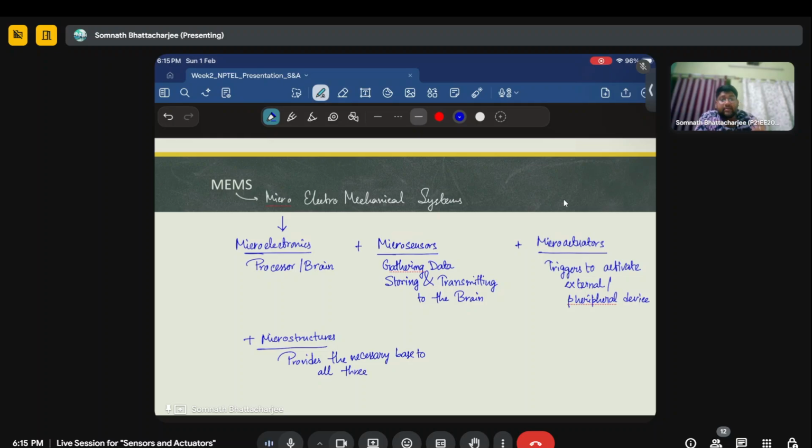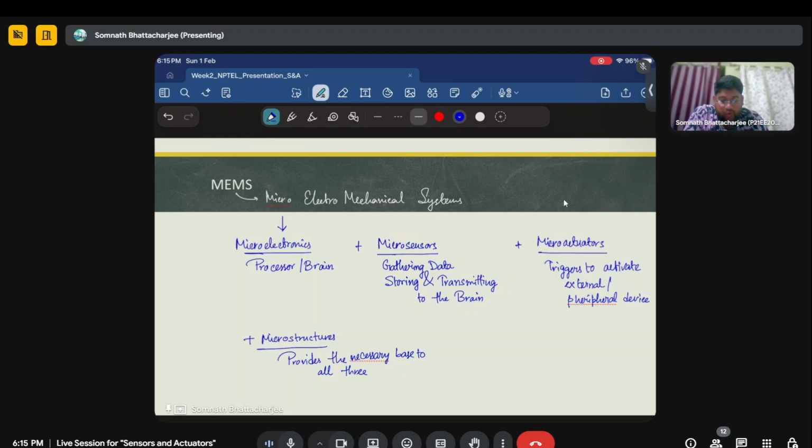It is the most foundational part of this MEMS system, and based on these microstructures, it provides the necessary functionality to microelectronics, microsensors, and microactuators as well. So MEMS is made of these four different parts, and in the lectures I guess you all have seen more detailed instructions.